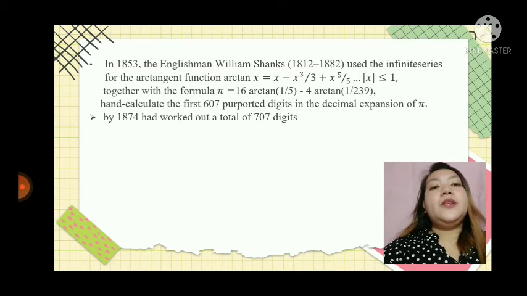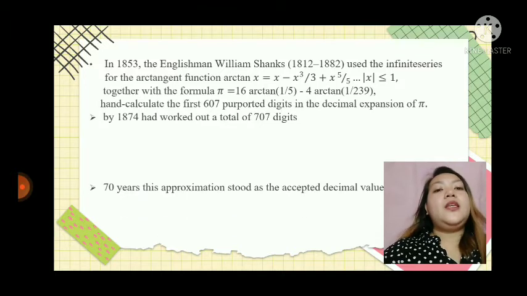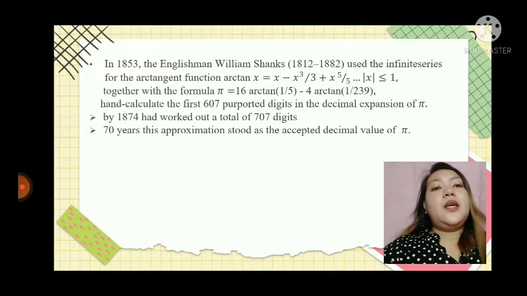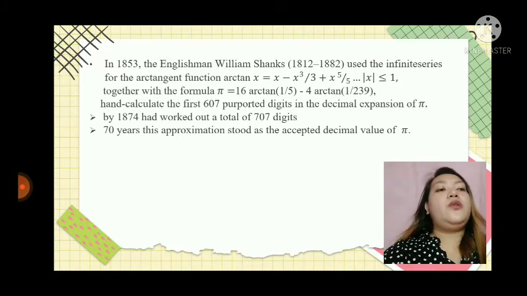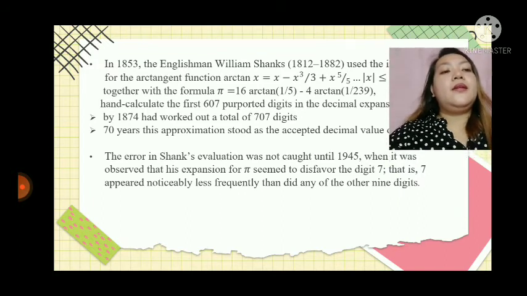By 1874 he had worked out a total of 707 digits. For 70 years the approximation stood as the accepted decimal value of pi.